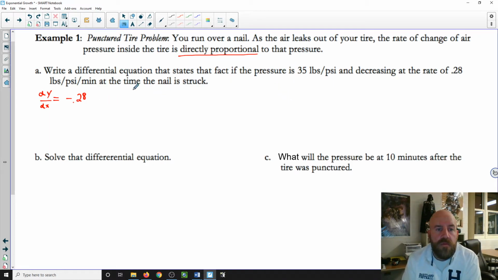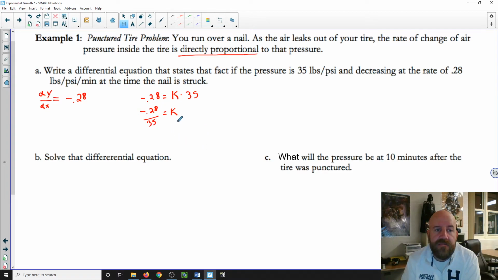So if we were to write a differential equation, our k is unknown. So I'm plugging this into our slope, our change. And then we need pressure. So initial pressure is 35. So finding our k value, we would get k equals negative 0.28 divided by 35.